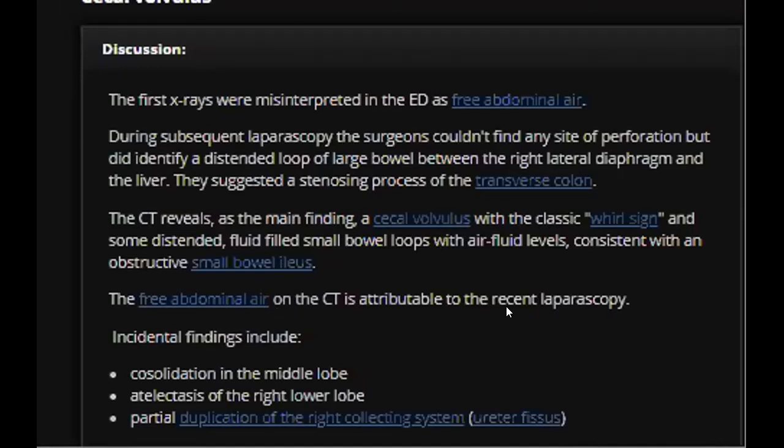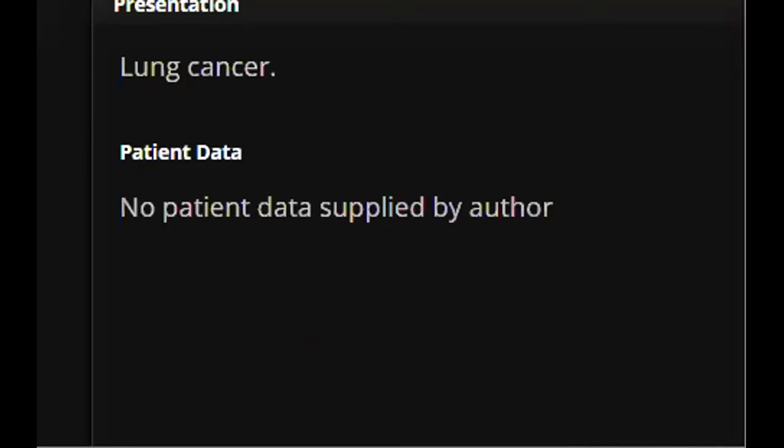They mentioned that there was a recent laparoscopy, and this is the cause of the free abdominal air in this case. Anyway, small bowel obstruction is very frequent in the exams. In any exam, you will find something related to the bowel.